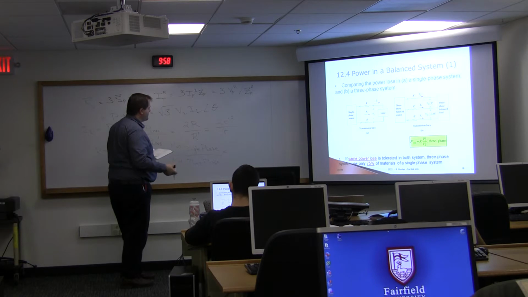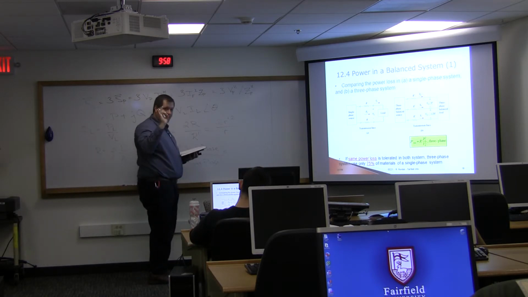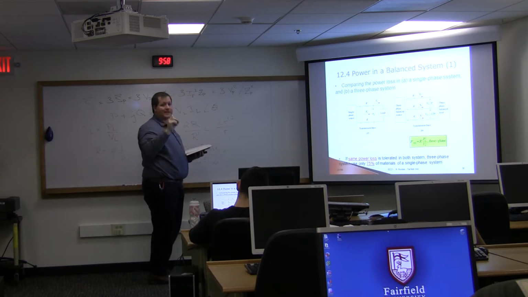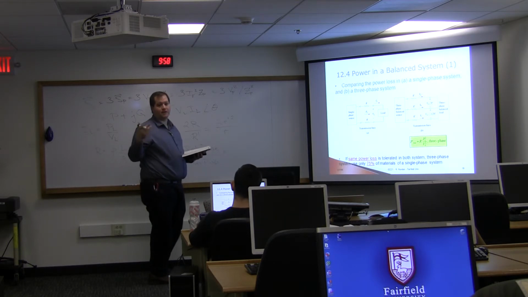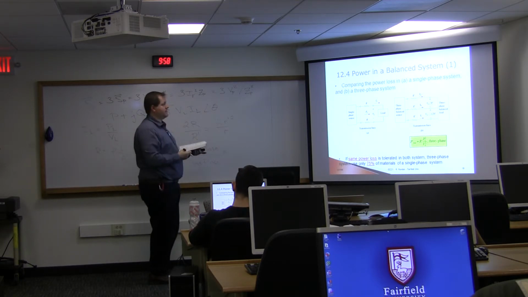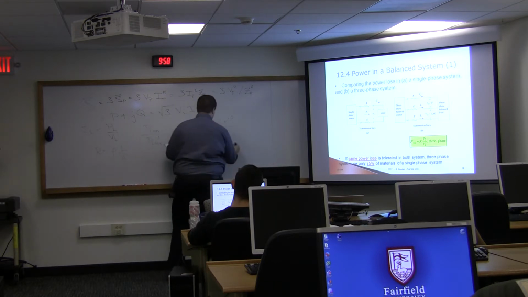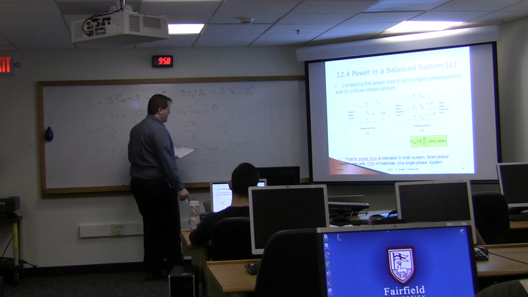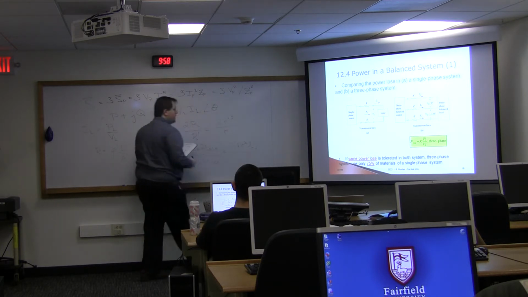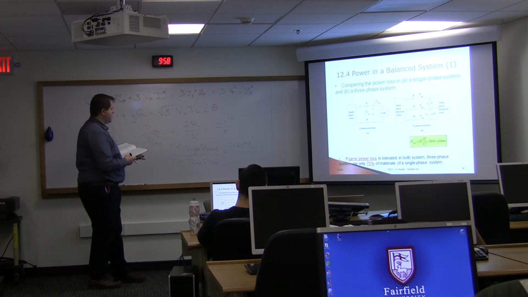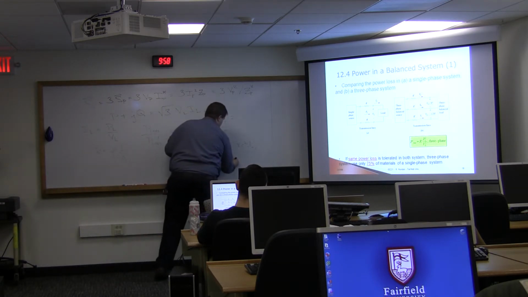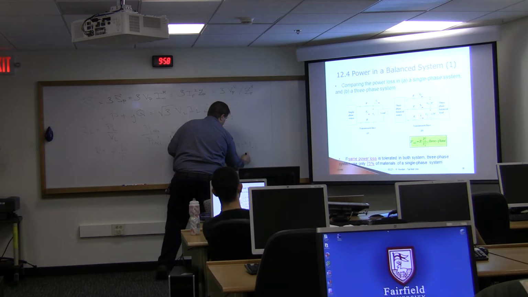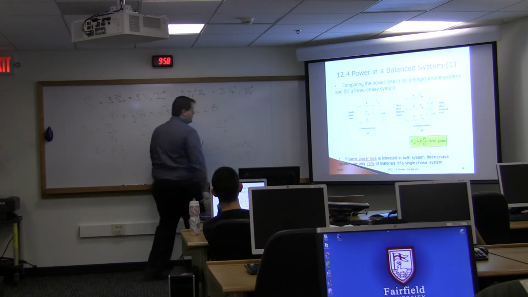In our single-phase system, I've got the cross-sectional area, pi r squared, times the length, which is the volume of metal in one wire. And there's 2 wires in the single-phase system. So 2 pi r squared times L over, in the three-phase system, I have 3 wires times pi r prime squared times L.